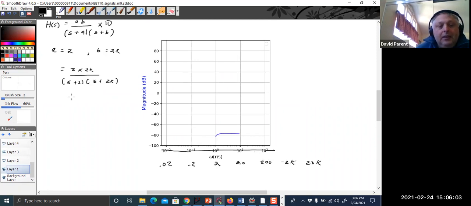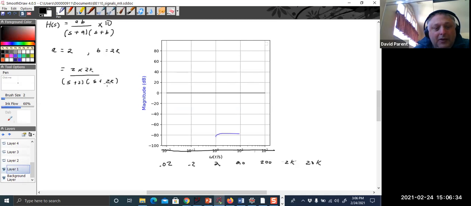Okay. So when I look at this, I can rapidly know what kind of shape it is just by looking at s. I'm not even going to bother with s equals j omega. If I set s equal to 0, this will drop out, that'll drop out.